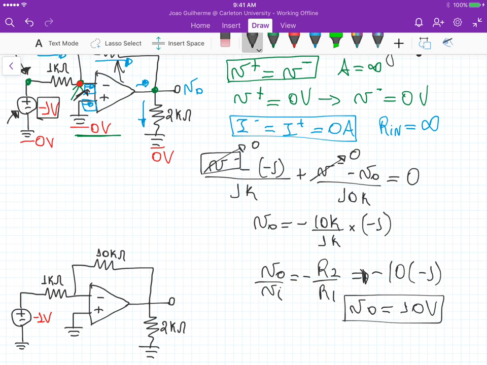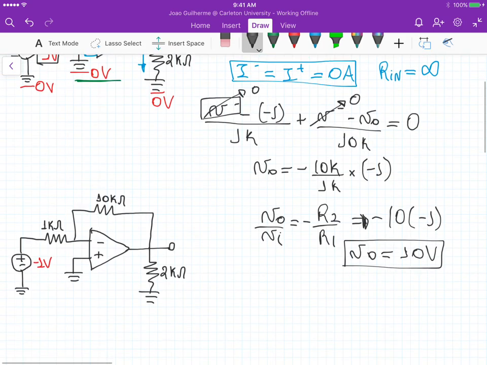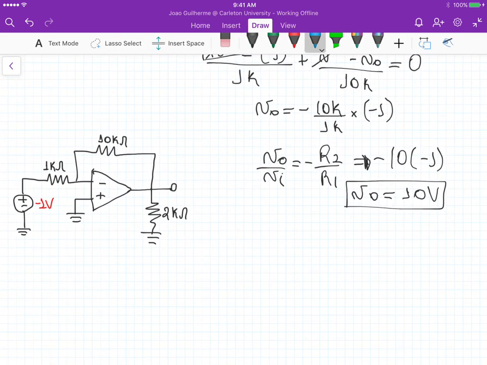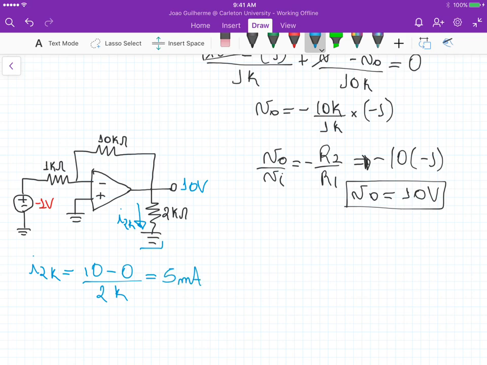Now that we know V out is 10 volts, we can calculate the currents. We have a current flowing here, we'll call this I2K, and this I2K is equal to 10 minus 0 volts divided by 2K, which is equal to 5 milliamps.